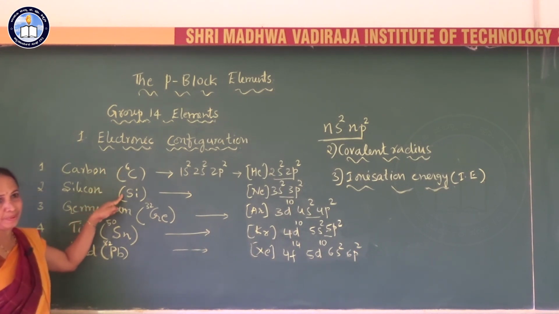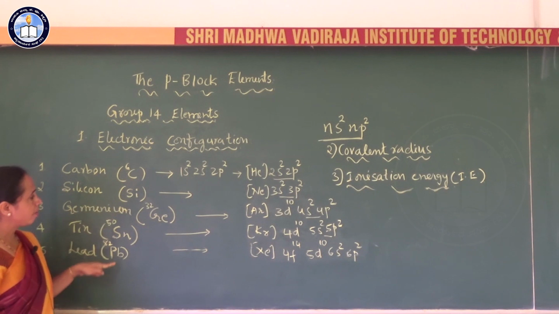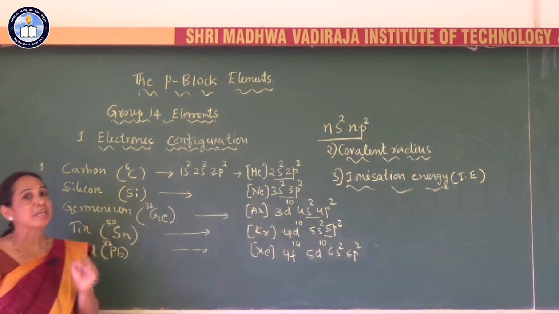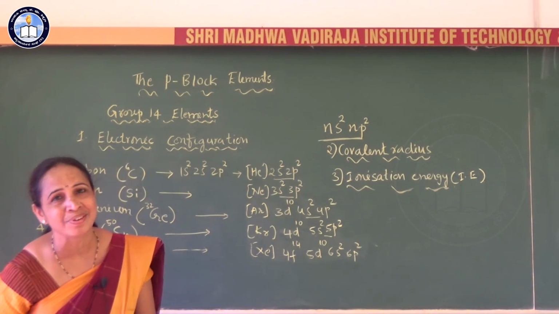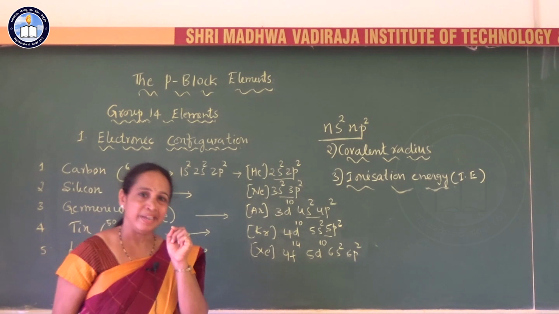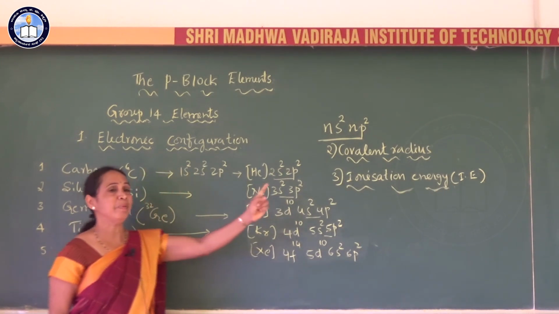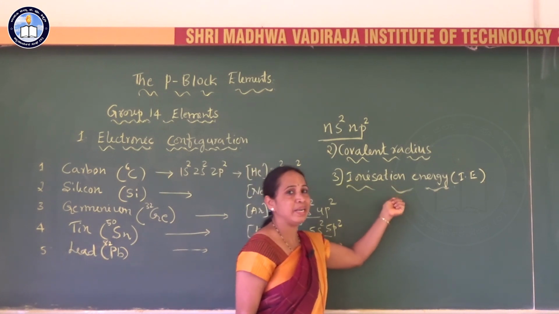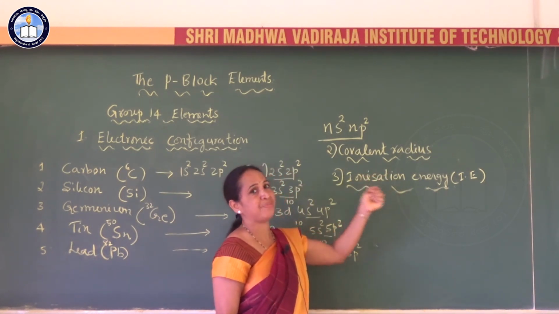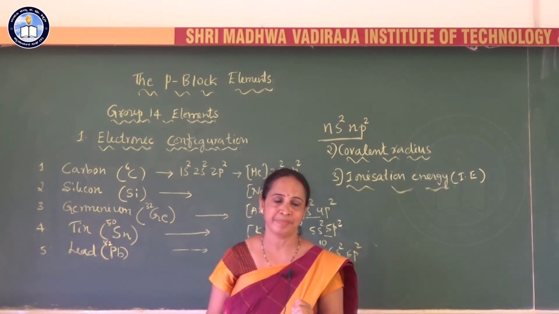But from silicon onwards, in heavier elements, we do not observe that much decrease, and once again it is due to the poor shielding effect of d and f electrons.